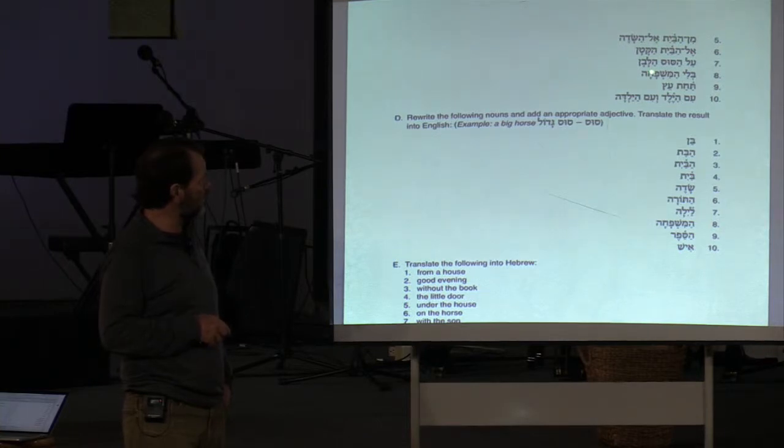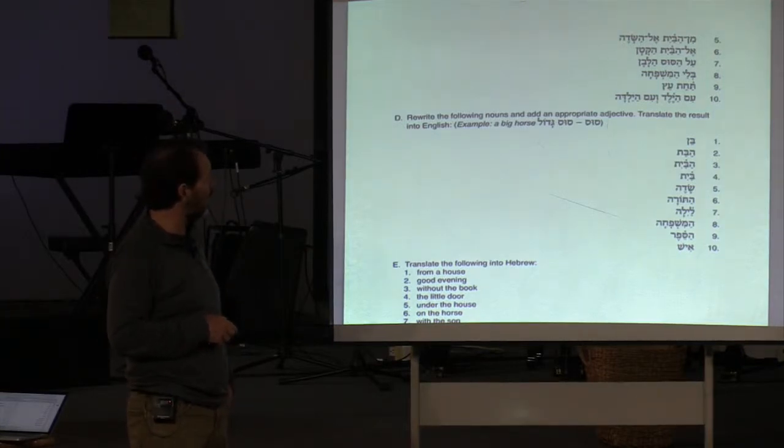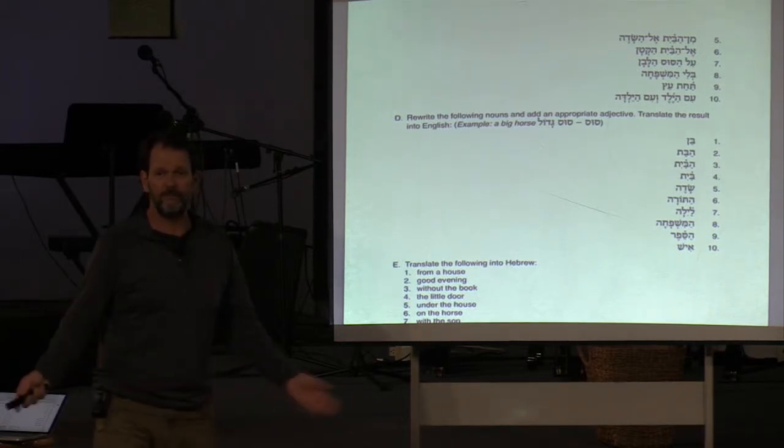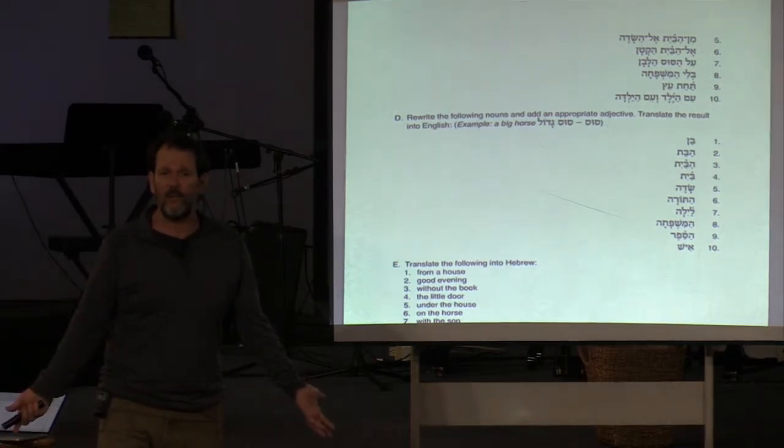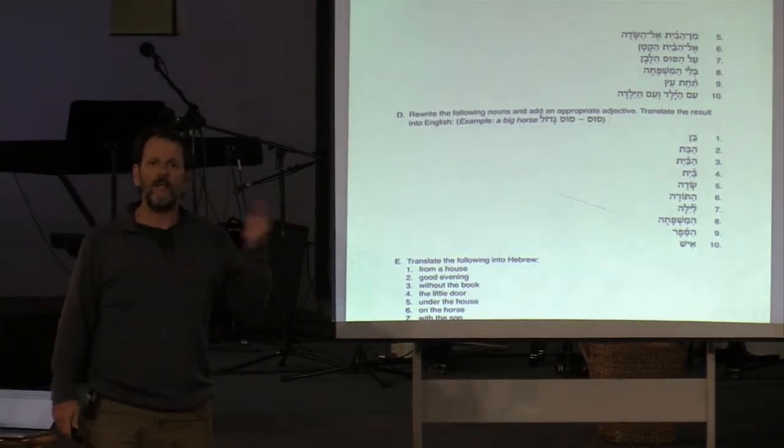El is "to." There it is again, the hey and the patach, which is "the," and then sadeh is one of your vocabulary words, which you've had for at least two lessons now, meaning field. So it's simply this: from the house to the field. How can it be more simple, right? So you just keep practicing those until you get good at them.